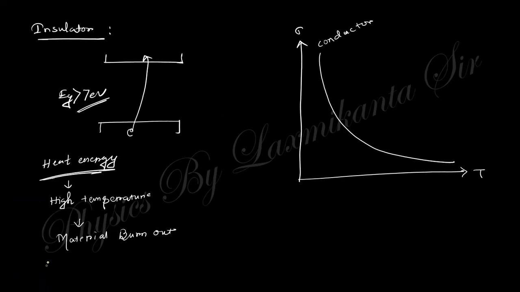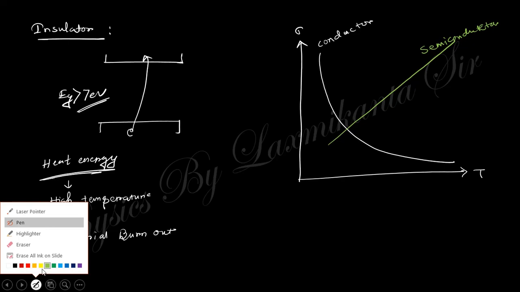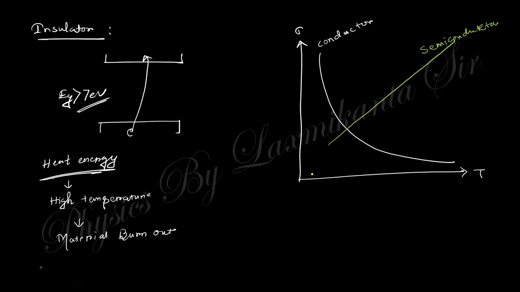In case of semiconductor, this will be like that. This is for semiconductor. In case of insulator, this becomes like that, but this is very small at this region. So after that, this will be burned out. So this is for insulator.